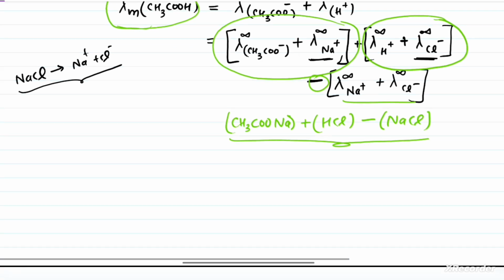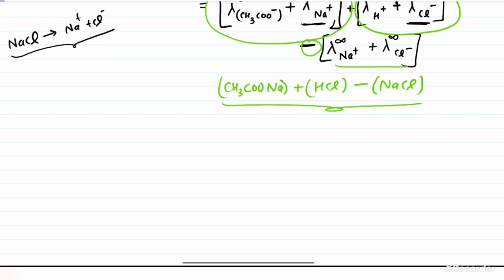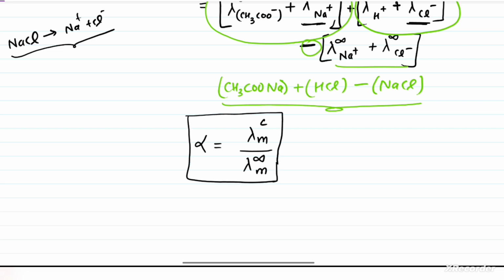One more thing that you should note from here is the relation between the degree of dissociation, that is alpha, and λm∞. This is very important. So basically alpha is the degree of dissociation, which relates the molar conductivity at any concentration to the molar conductivity at infinite dilution.